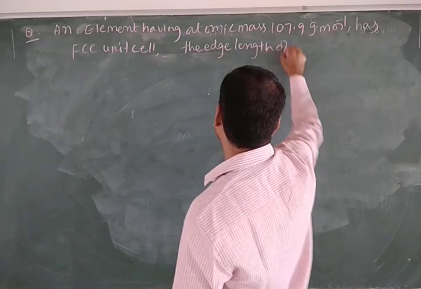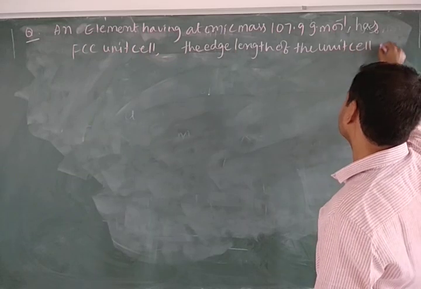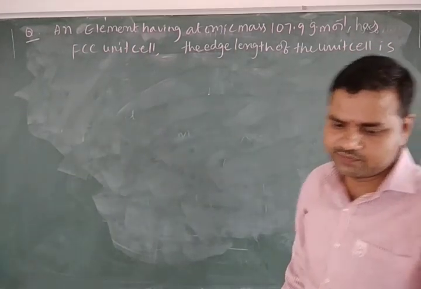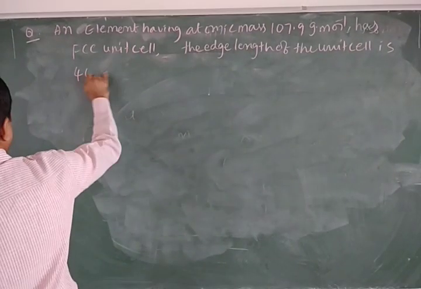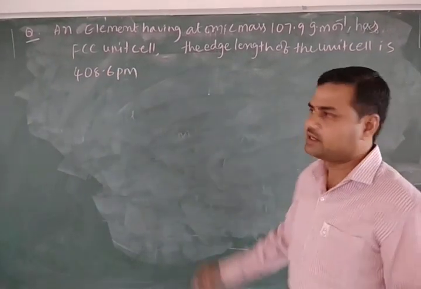The edge length of the unit cell is given as 408.6 picometer. Calculate the density.